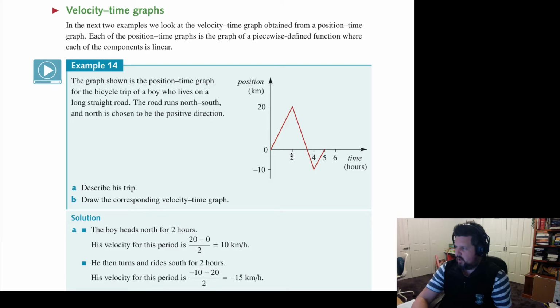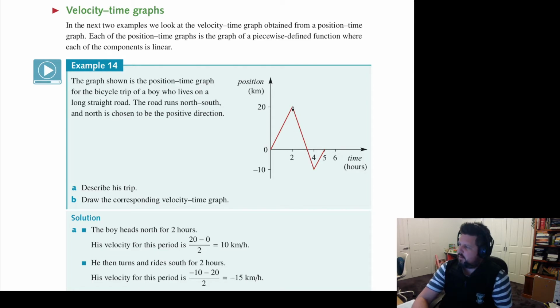You change from going from 0 to 20. So 20 take away the 0, divided by the change in time, which is 2 take away the 0, which is 2. Running that calculation, the gradient of that particular piecewise section is 10 kilometers per hour.